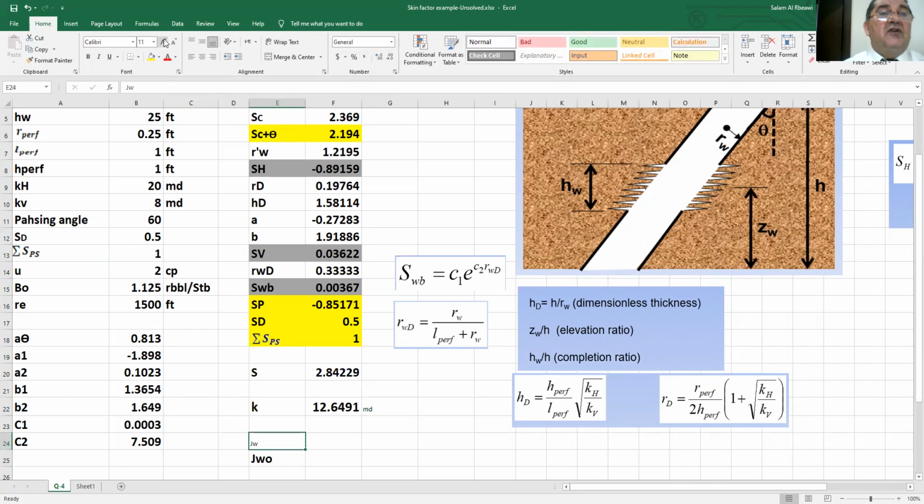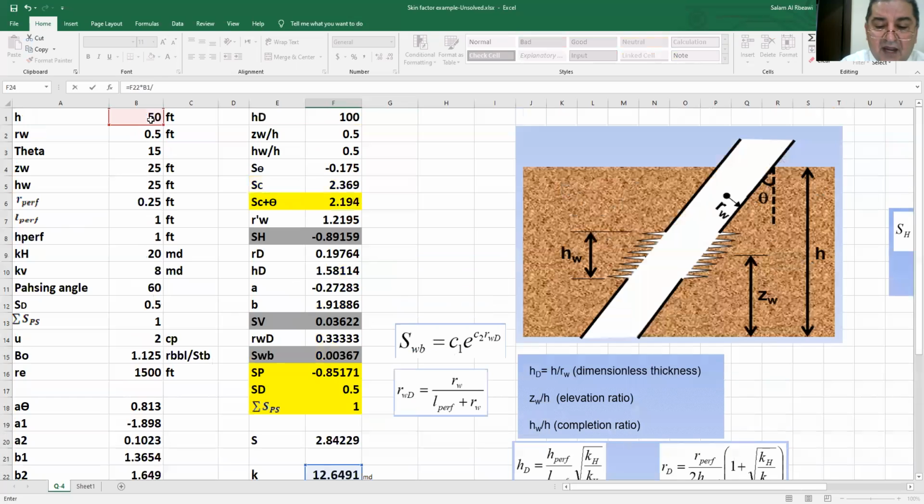So J with the skin factor is what, guys? If you remember, J with the skin factor is K times H, the formation thickness, divided by 141.2 times mu, the viscosity, times the oil formation volume factor, close, times open ln.